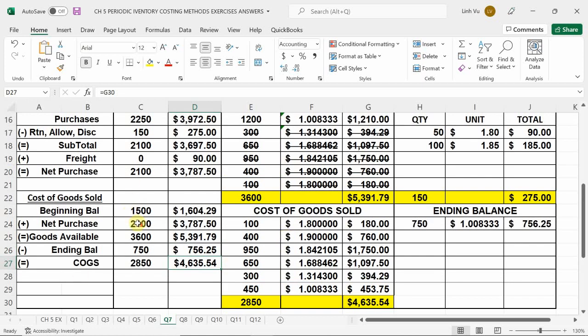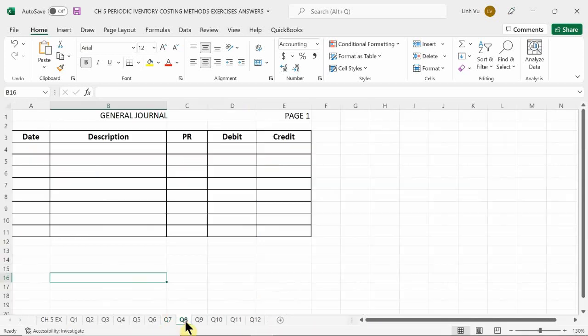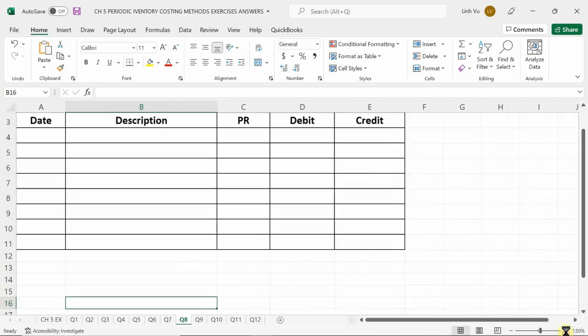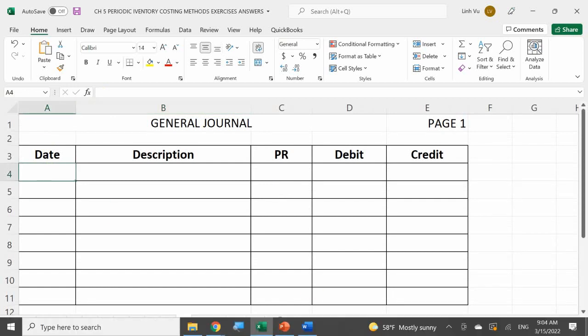Okay, so here we already solved for our numbers, so we need to go ahead and journalize our conversion entry in question number 8. Because we're doing a conversion entry, what are we going to put here as of September 30? We need to put inventory, which in this case we bought toys. And what else? Right, cost of goods sold.